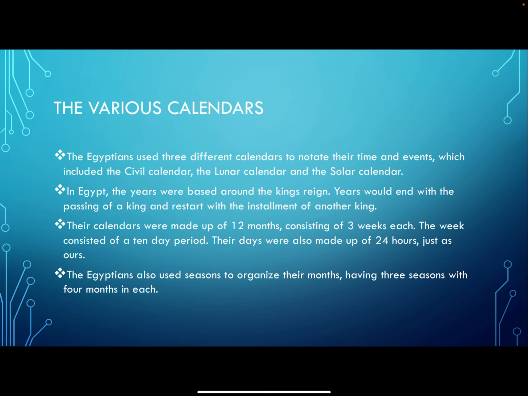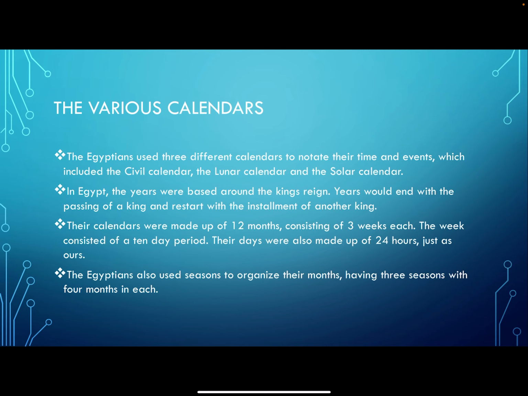In Egypt, the years were based around the king's reign. Years would end with the passing of a king and would restart with the installment of another king, meaning that the years weren't counted based solely on time passing. They were based on the time a king spent in the crown, basically.